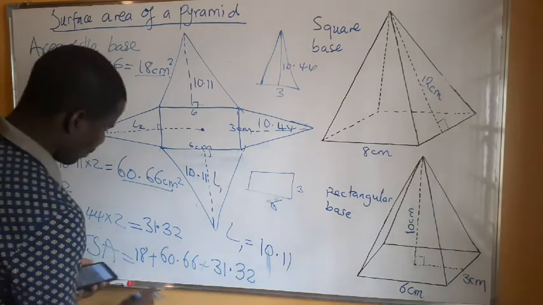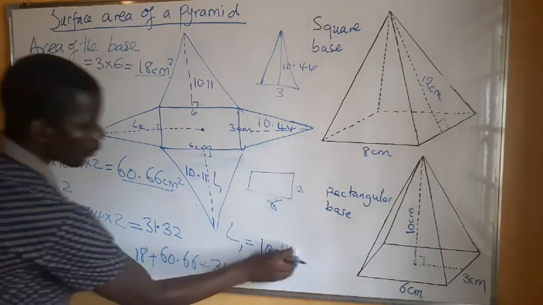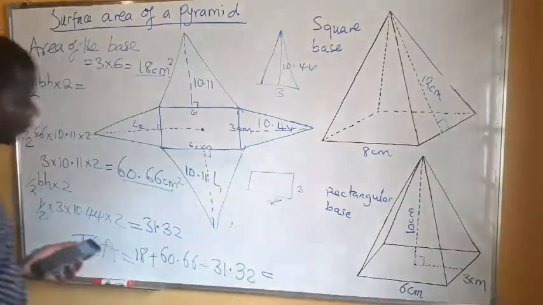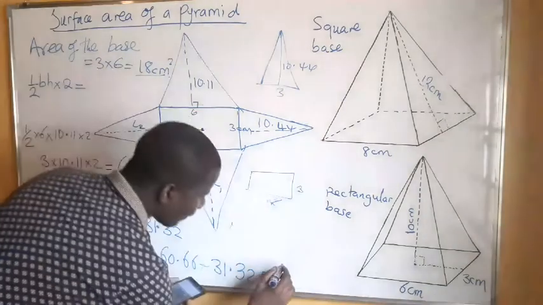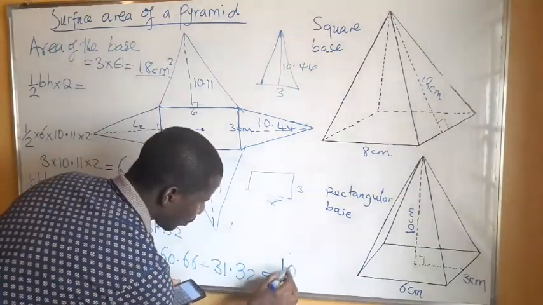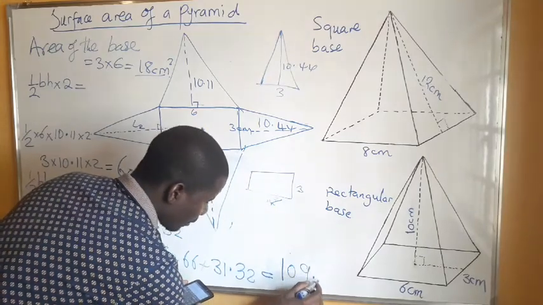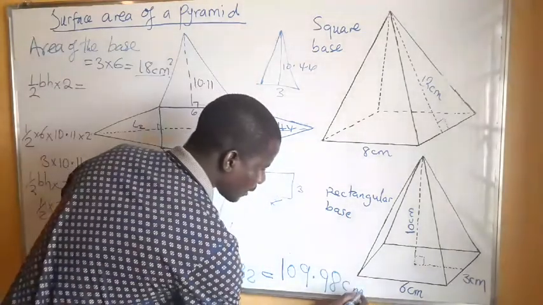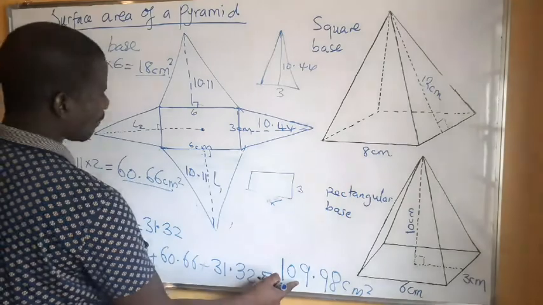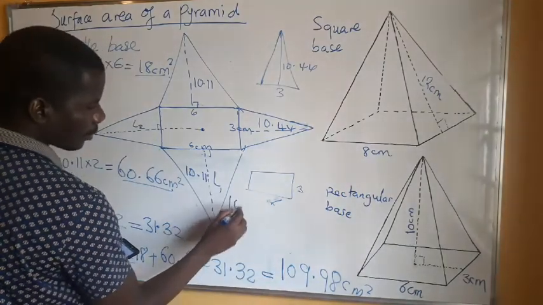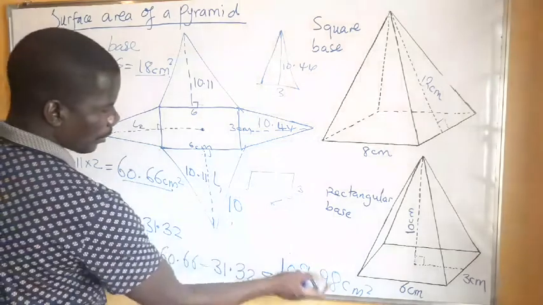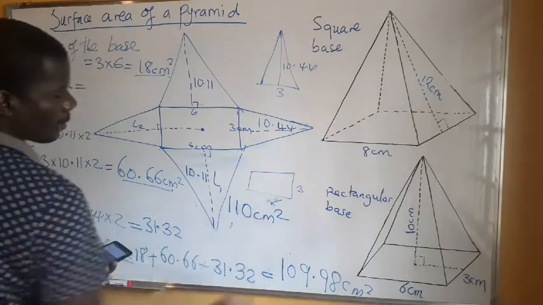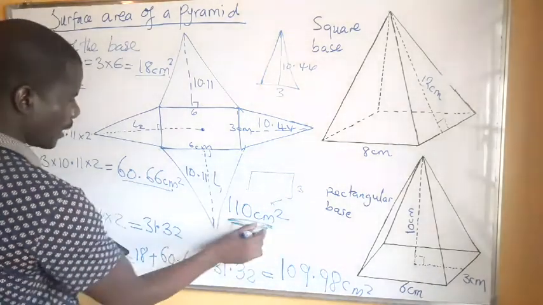And please make sure that you also do it to confirm if you're getting the same things. So the total that I'm getting is 109.98. Okay? Centimeters squared. If you have to write this to 3 significant figures, when you add to this one, you end up having this. Okay? So maybe it will end like this.